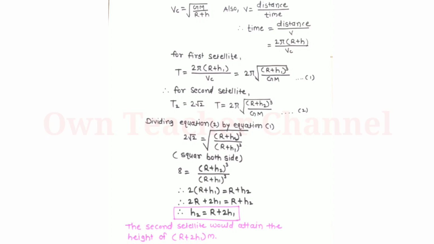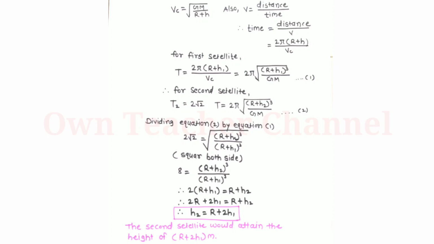So 2 pi in bracket r plus h upon velocity for the first satellite. T is equal to 2 pi in bracket r plus h1 upon velocity, which is 2 pi root r plus h1 bracket cube upon GM.